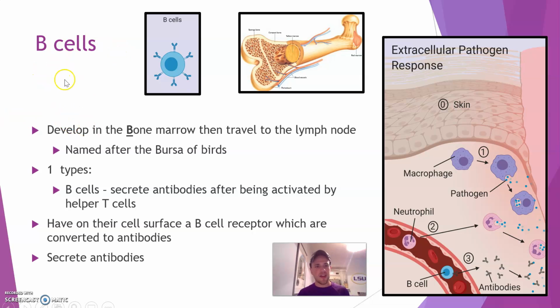B cells are different in that they develop in what's called the bone marrow, and this is like a little fun fact that you can drop on trivia night. So for B cells, they mature in the bone marrow, right? And so the bone marrow is, you may not know this, but bones are solid on the outside, but on the inside, it's like a little, it's not jello, but it's like, I don't know, it's bone marrow.